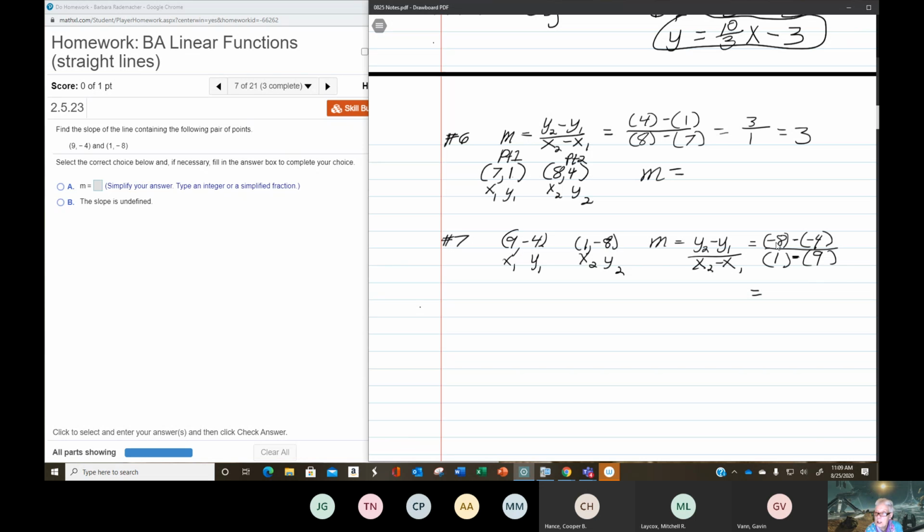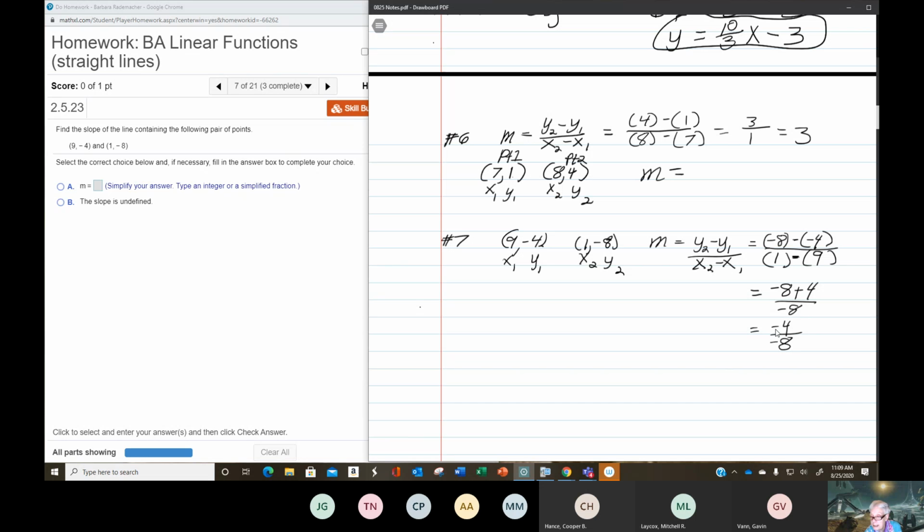Okay, so that's going to be negative 8 plus 4 because of the minus minus, or I should say minus negative. And 1 minus 9 is negative 8. So we will have negative 4 over negative 8. And that's going to be positive 1/2.